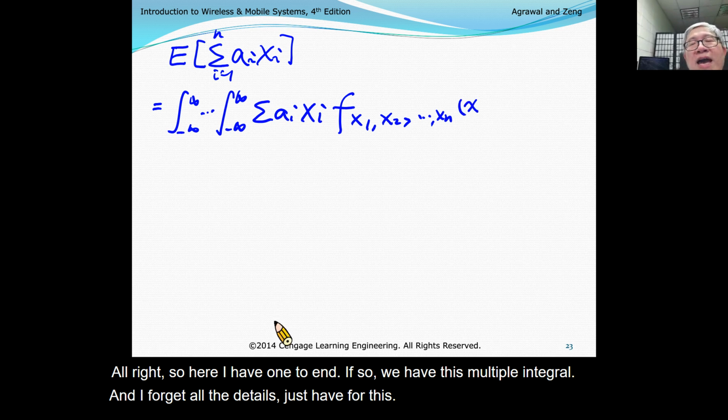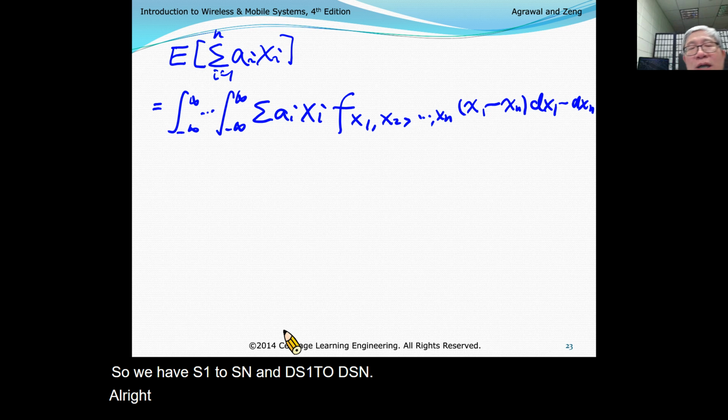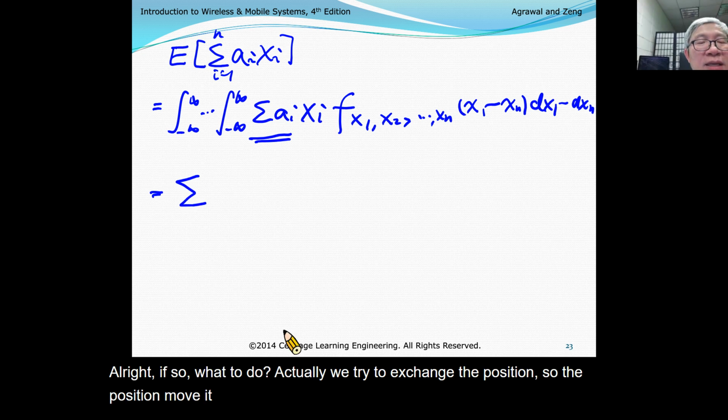So we have x1 to xn and dx1 to dxn. All right. Well, if so, what to do? Actually, we try to exchange the position. So the position moves to the outside.